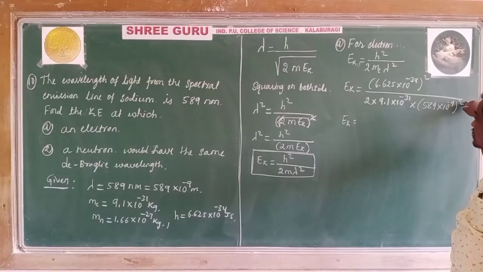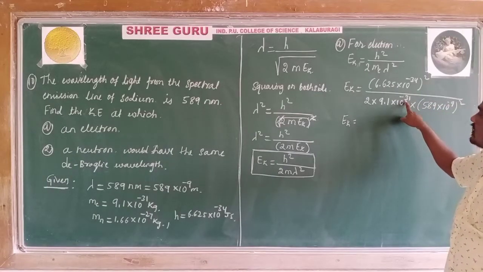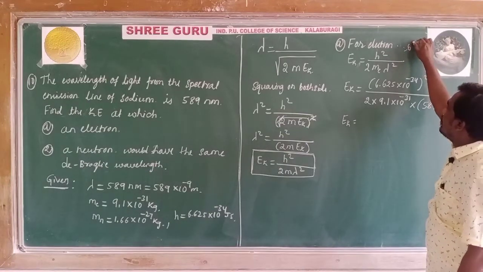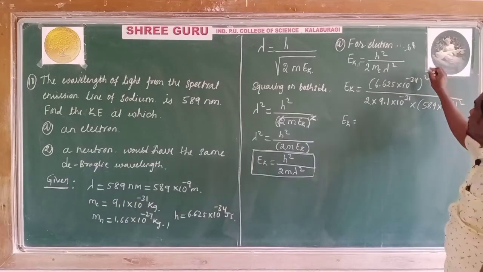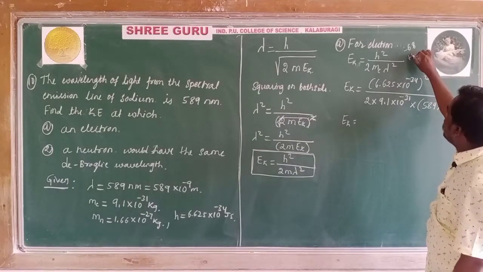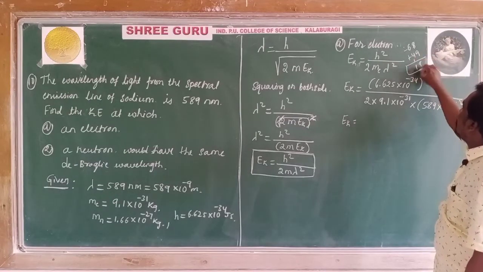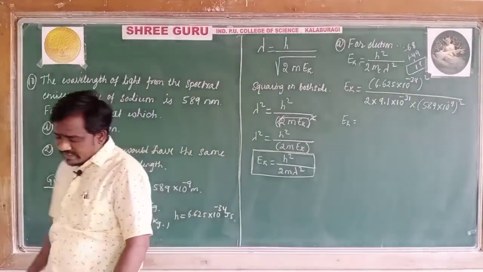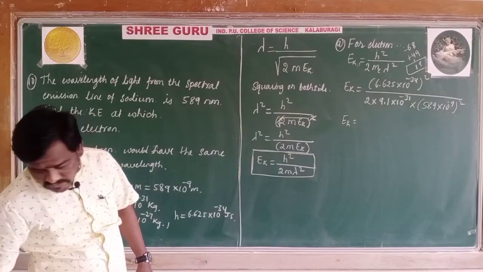Minus 9 square means minus 18, minus 31 gives minus 49, and in the numerator minus 34 squared means 10 raised to minus 68. Here minus 49 becomes plus 49, so the kinetic energy is around 10 raised to minus 19. What is the final answer for that? That is the next step.